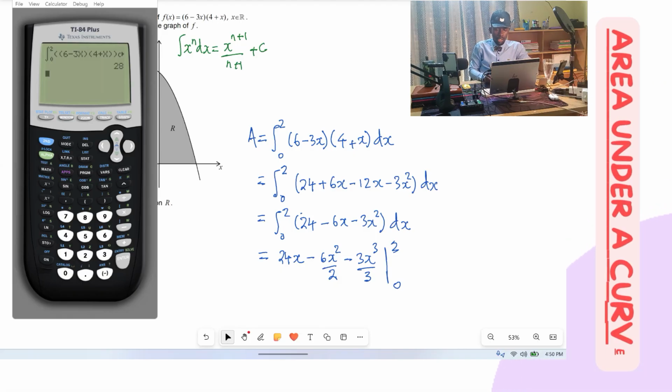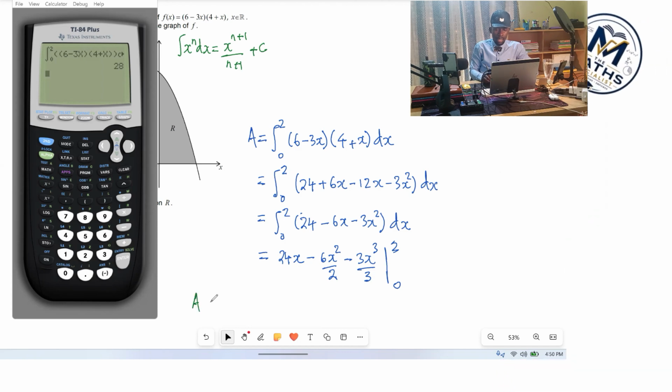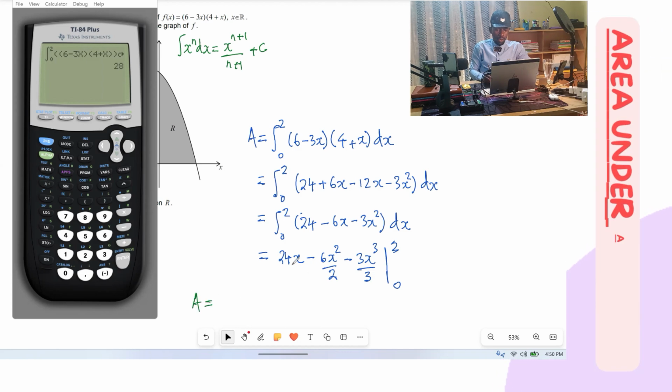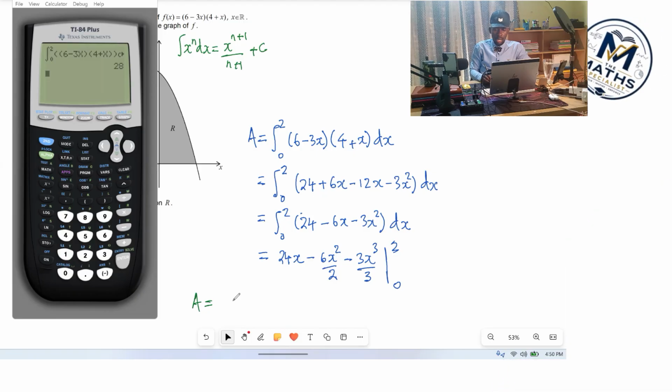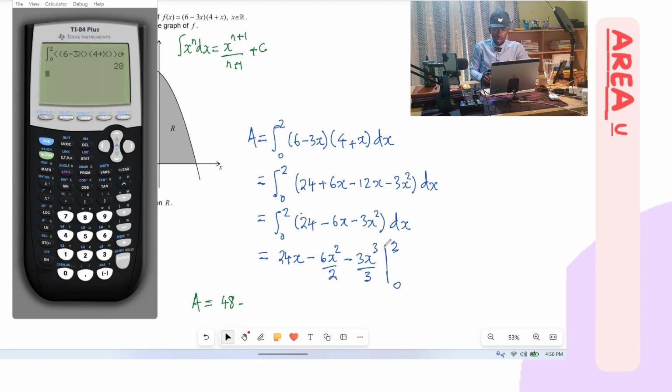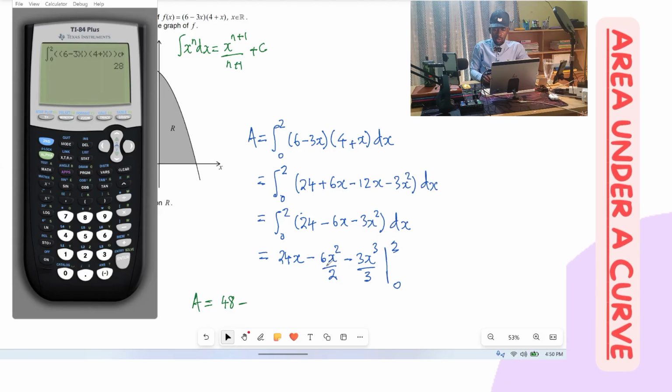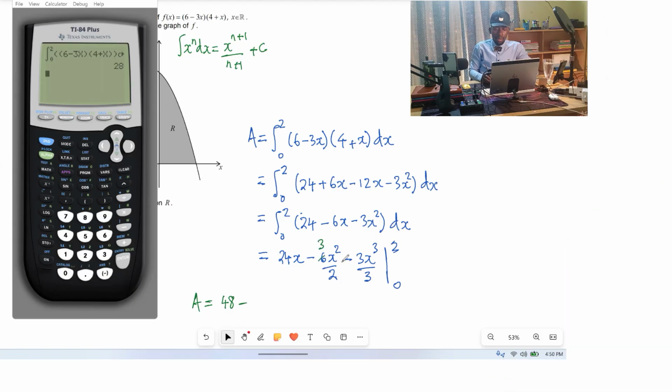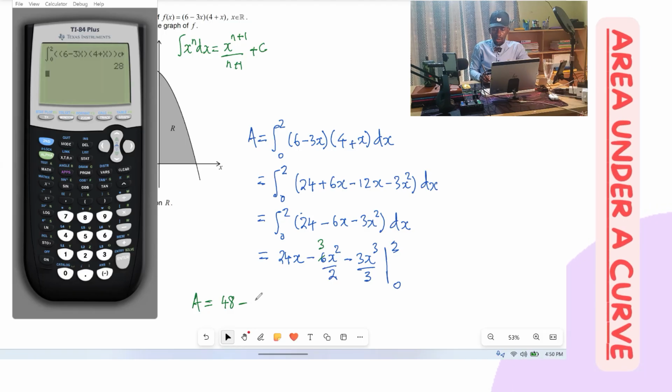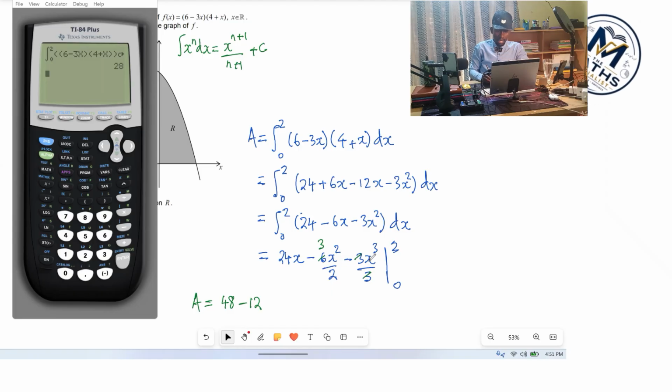So we are substituting. The upper limit is 2, so we plug in 2. 24 times 2 is 48, minus: 6 by 2 is 3, put 2 here, 2 squared is 4, 4 times 3 is 12, then the 3 and 3 cancel. If you put 2 here, 2 to the power of 3 is 8.